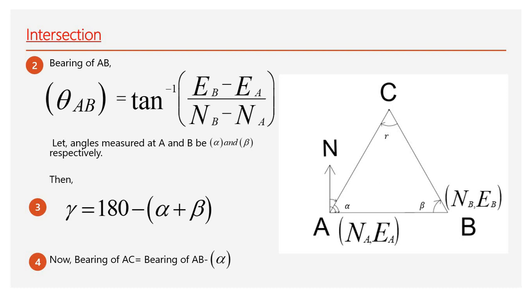Now after finding the internal angles by instrument, we can find the bearing of AC, using the bearing of AB.